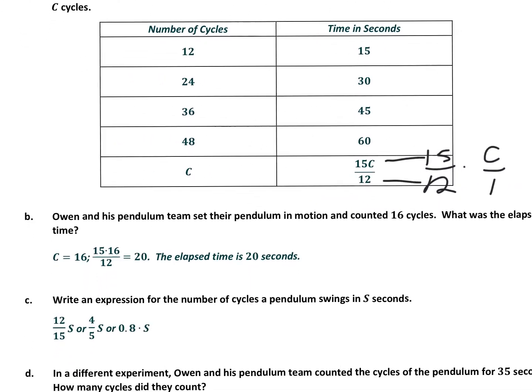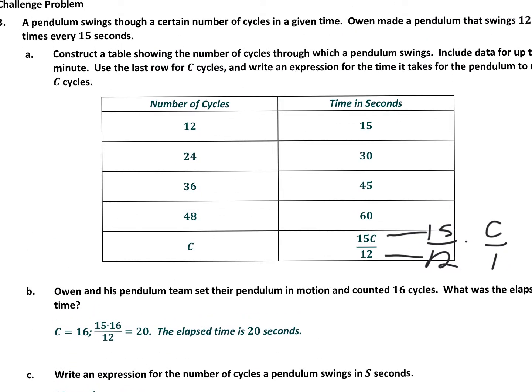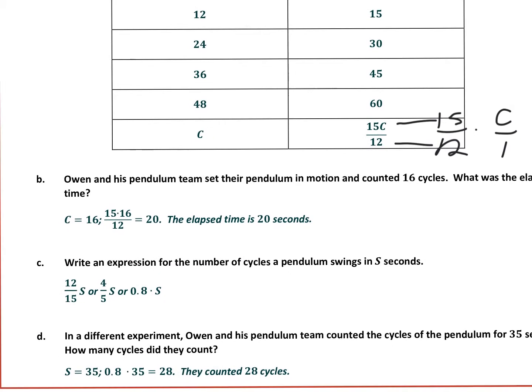And it would be 20 seconds, and the opposite expression would be the reciprocal of this. So instead of 15C over 12 for the number of cycles, if you're solving for seconds, it would be 12 over 15 times S, or 12S over 15, like it says right here.